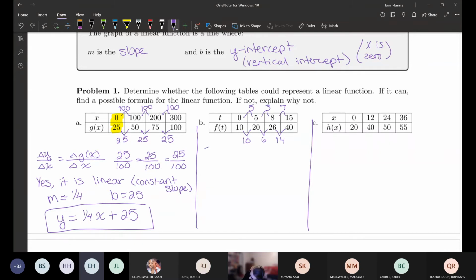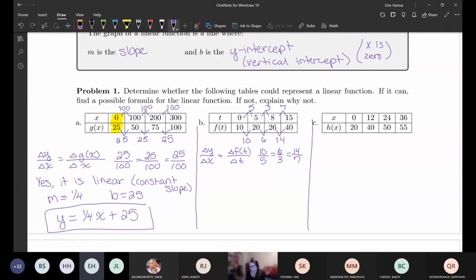Remember, we've got to check our change in y over change in x, which in this case is a change in f of t over a change in t. So we've got 10 over 5, 6 over 3, and 14 over 7. If you reduce all of those, they all reduce to 2, so these are all the same exact thing.